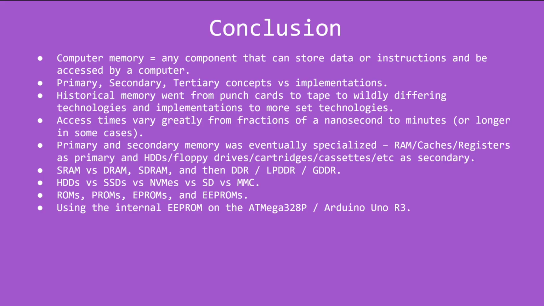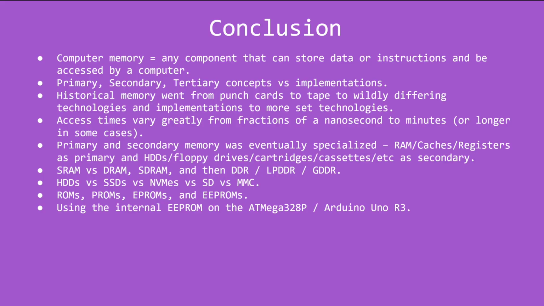Historically, memory went from punch cards to tape to wildly different technologies, and then as implementations of more set technologies came, we had a firmer idea what was RAM, hard disk, etc. Access times vary greatly, from just fractions of a nanosecond with CPU registers to minutes, even longer in some cases.